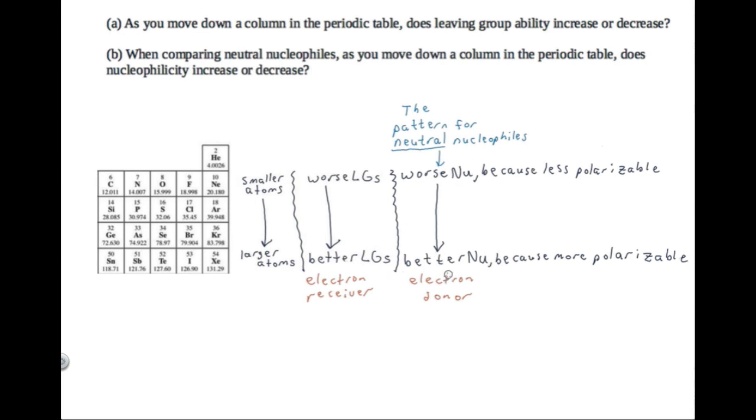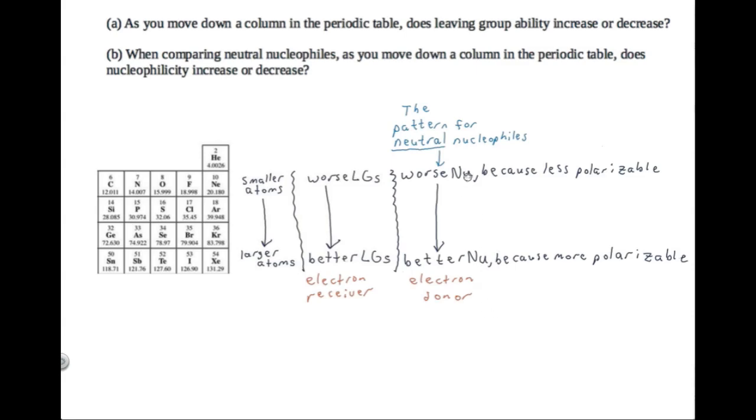Since they're opposites in that sense, it might have seemed natural to predict that the trends for moving in a column of the periodic table would be opposite for a leaving group and for a nucleophile. But experimentally, it turns out that surprisingly, the trend for neutral nucleophiles is the same as the trend for a leaving group. And since that's not what we might have predicted, we simply have to memorize this experimental trend.